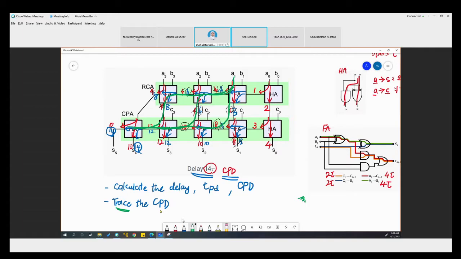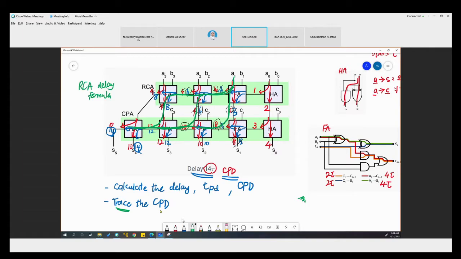Why didn't we use RCA with 10 tau? Because it's already a 10 tau delay. How to calculate the RCA delay formula? No, we already know the RCA delay is 10 tau. Why didn't we use it, like 10, when we calculate for CBA?